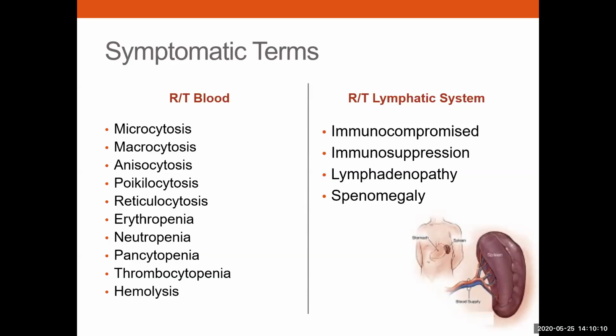So immunocompromised means the condition is that you have an immune system that's not going to respond, and suppression is where we're actively suppressing it. Could be from disease itself, but also from meds. Lymphadenopathy is enlarged lymph nodes, and splenomegaly, enlargement of the spleen.